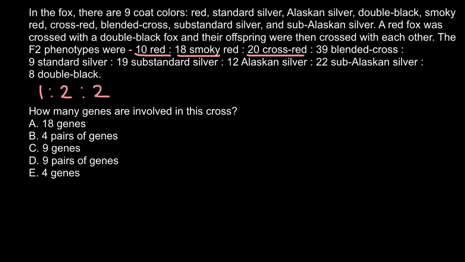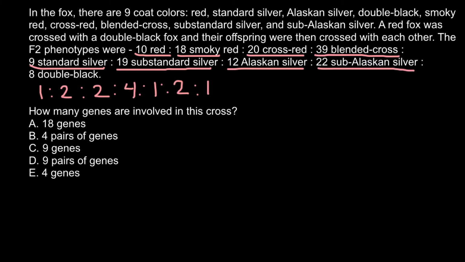Then we have 39, and this gives us 4, and then 9 standard silver, which gives us ratio 1, and now we have 19 substandard silver, which gives us ratio 2, and 12 would give us once again ratio 1, and 22 would give us 2, and the last one, 8 double black, would give us 1.